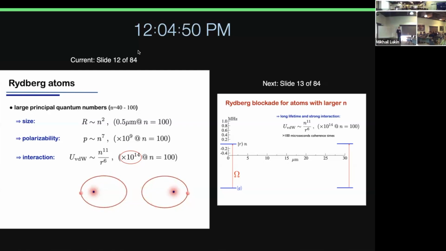First off, there is a dipole interaction. The dipole interaction scales like a dipole moment. The dipole moment scales like the size of the atom, R cubed, also n squared.